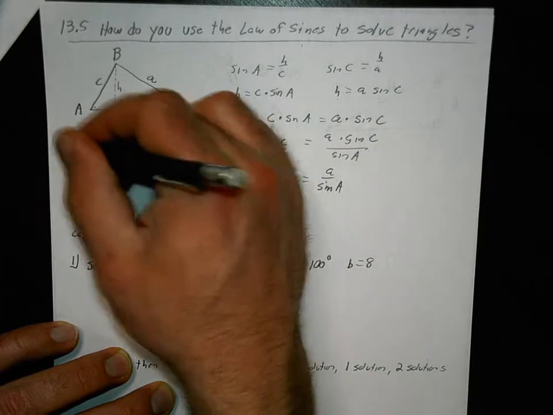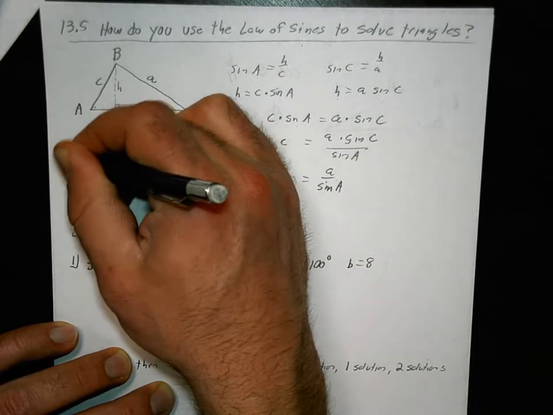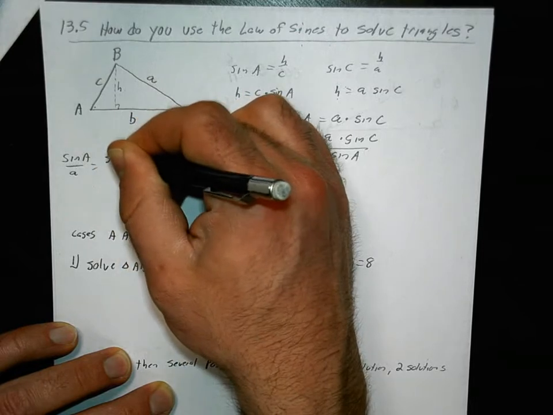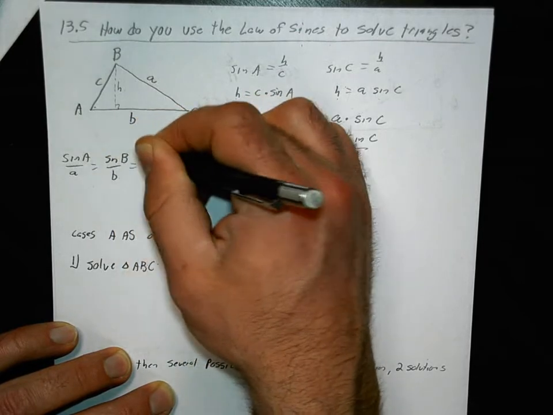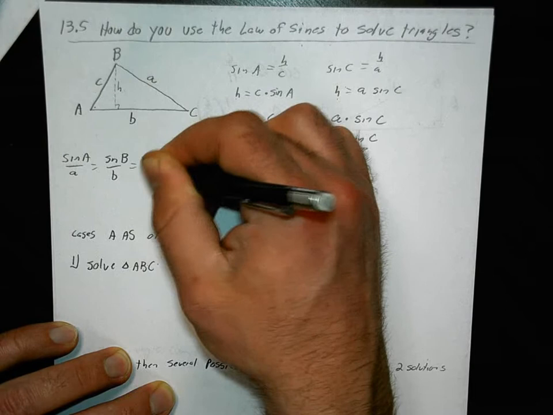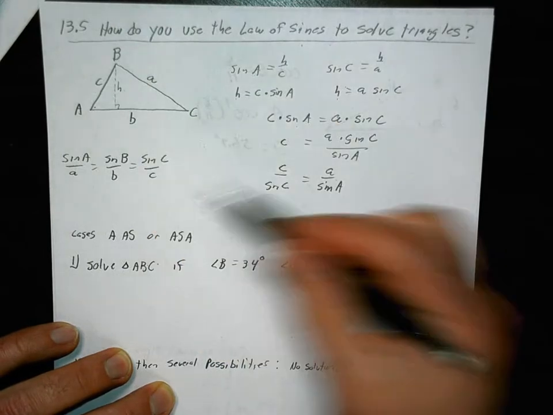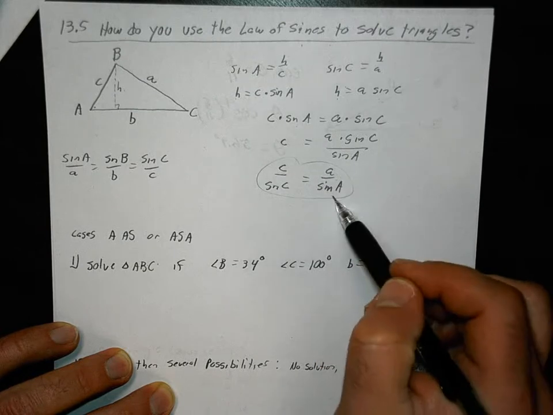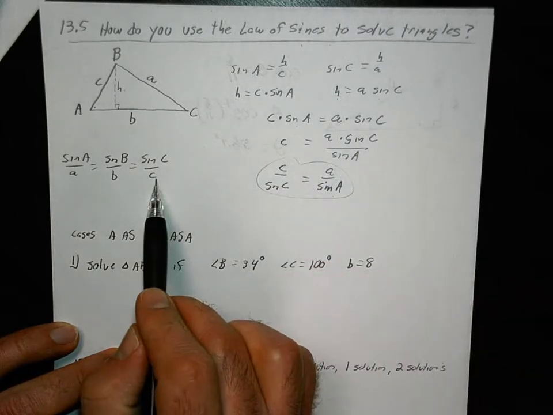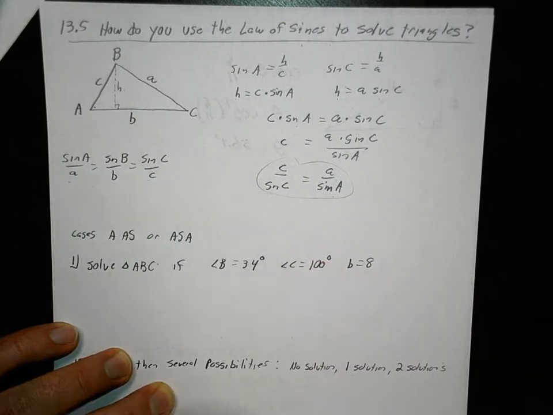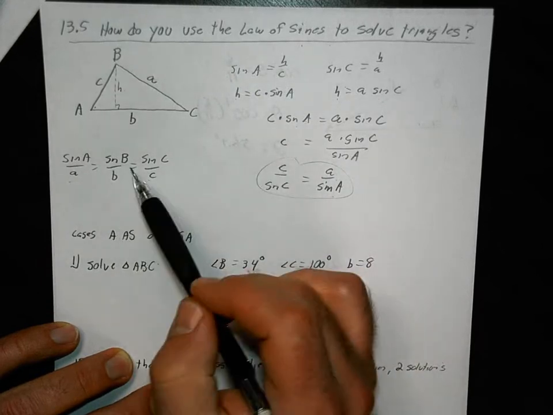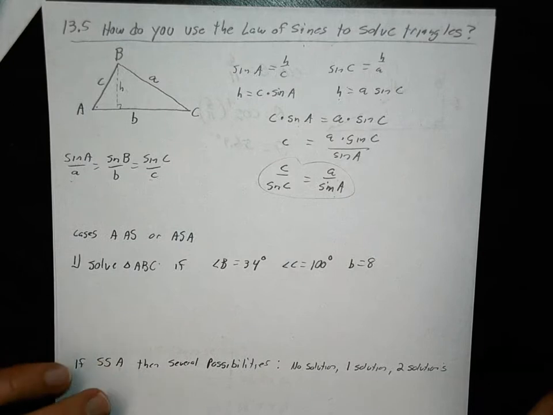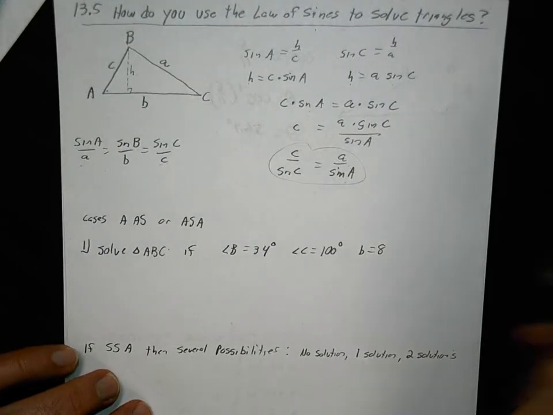You can use the reciprocals, so the sine of A over A equals the sine of B over B equals the sine of C over C. We just derived part of it so you can see where it comes from. You only use the parts that you have, what's given to you, to find the rest of the missing parts. Okay, so let's apply it.